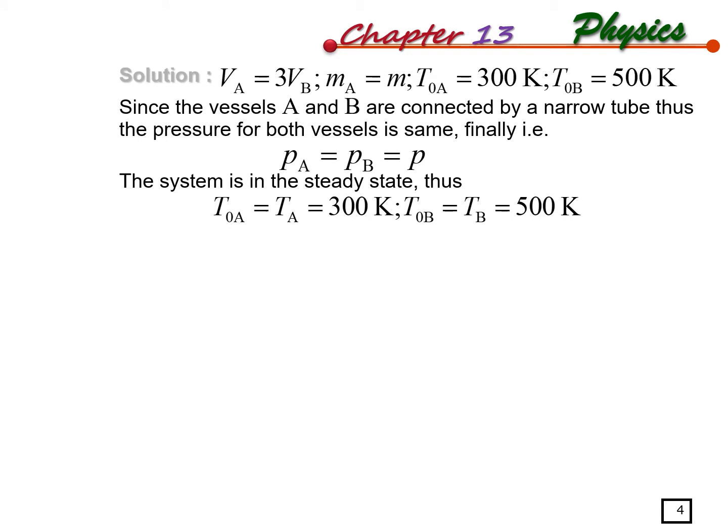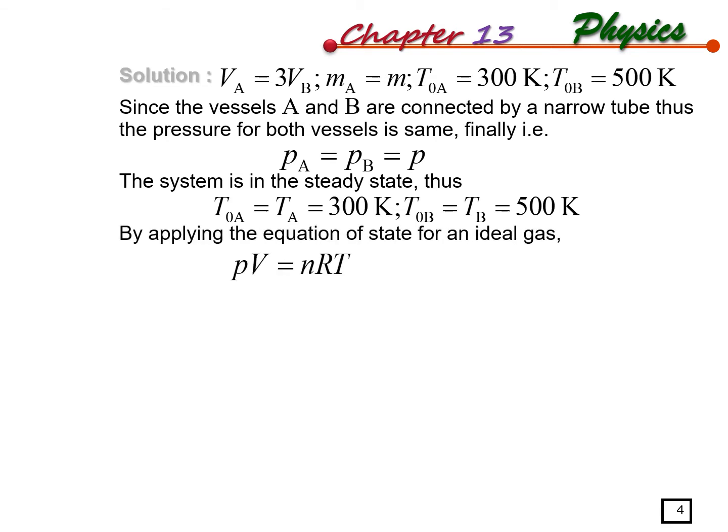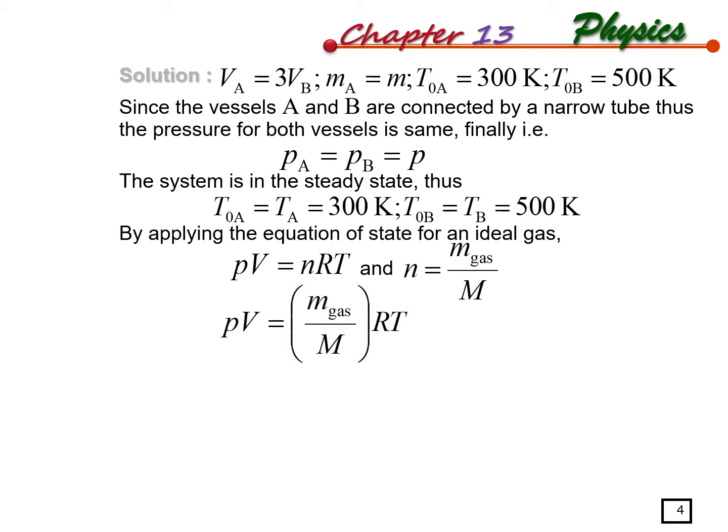Therefore, with the initial temperatures given, we apply the equation of state for an ideal gas, PV equals nRT, where n, the number of moles, equals mass over molar mass. Replace that in and expand the equation.